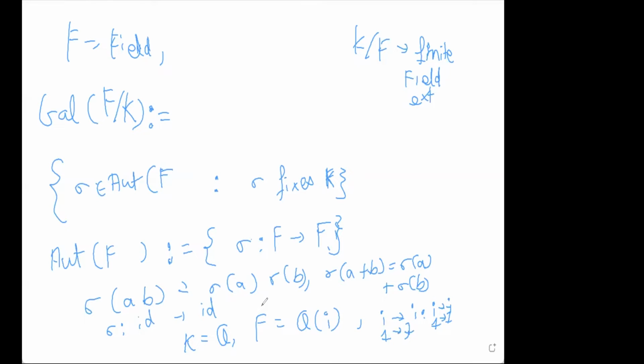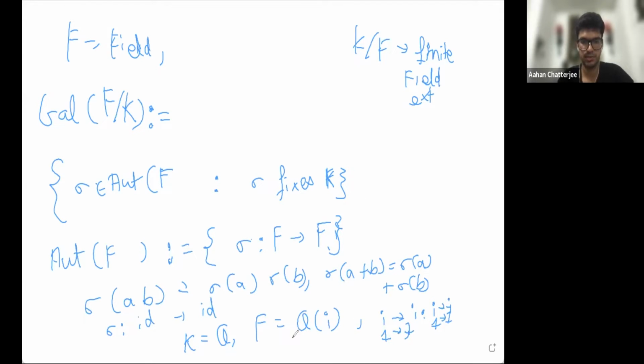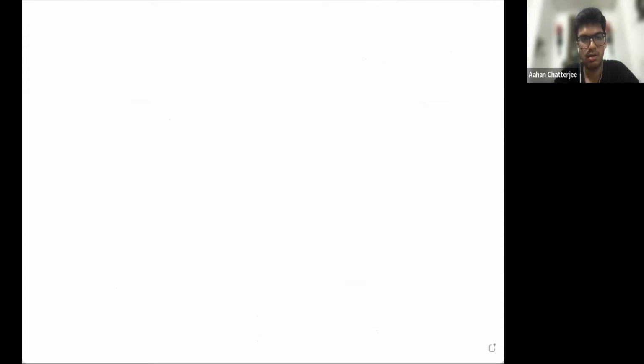Okay. So this is sigma 1. So it just consists of two automorphisms, sigma 1 and sigma 2. And similarly, you can do the others.